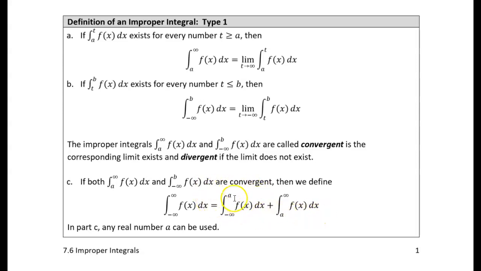Then add to that the integral from a to infinity, and then you'll have the integral from minus infinity to infinity. Okay, so we're going to go on and do a few more examples of this type 1 improper integral, and then I'll tell you about the other type where we have a discontinuity.